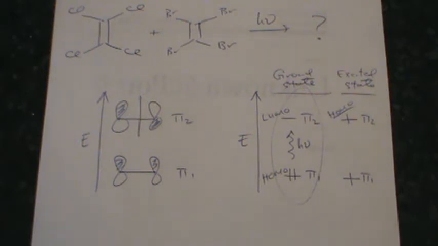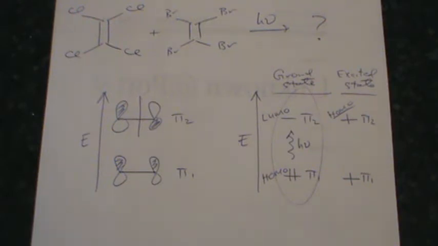What this means is that the concentration of excited state species at any one given moment in time is always very low. And so the statistical likelihood that 2 excited state species are actually going to bump into each other and react with each other is really low. For all intents and purposes, we say that that just doesn't happen.